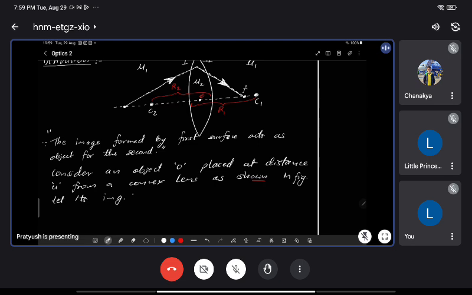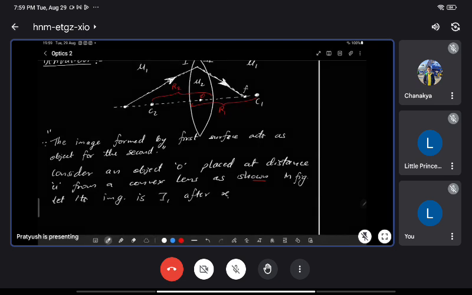Let its image be I1 after refraction through first surface.